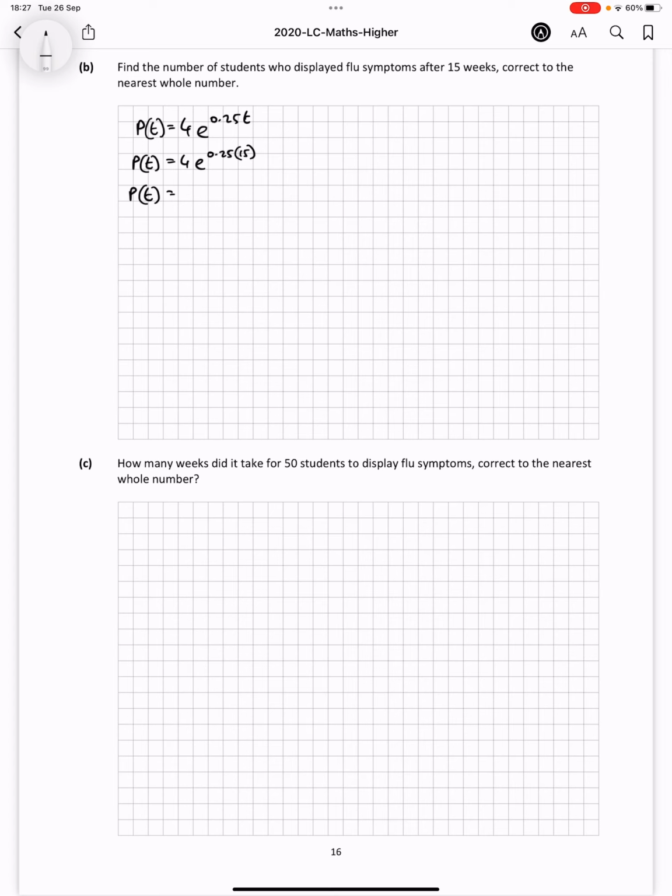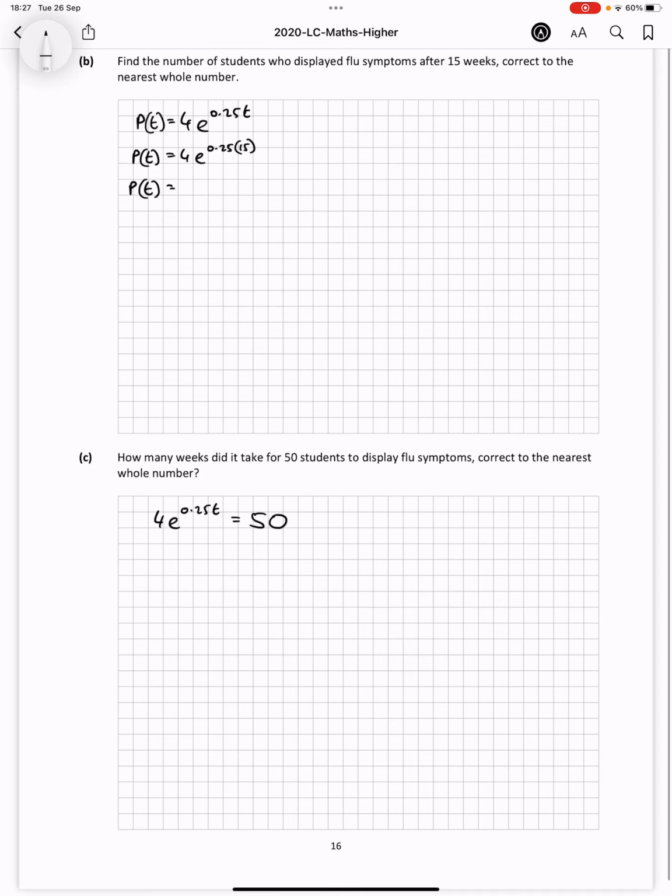And how many weeks did it take for 50 students to display flu symptoms? For this one, it's going to be filling in the formula, 4 e to the power of 0.25t is equal to 50. And again, just bring it across and solve. So it'll be ln something. Is that okay? So e to the power of 0.25t is equal to 50 over 4, which you could maybe write as 12.5, but that's fine.